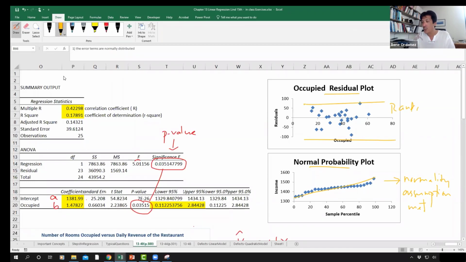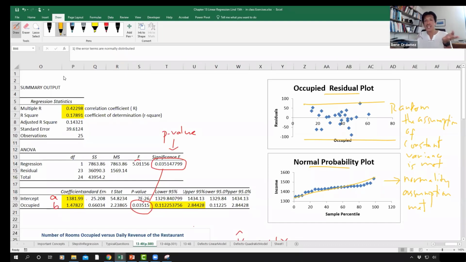This one, the residual plot, you would want to see in a more random pattern. This is what you want to see. So if this is random, then we will say that the assumption of constant variance is met.